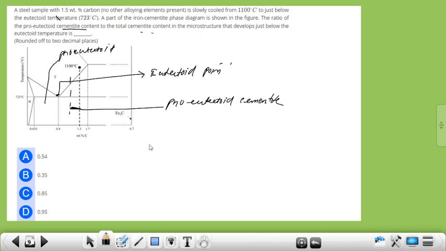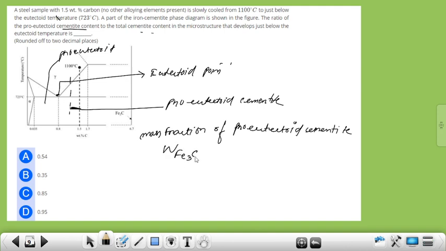So we calculate the mass fraction of proeutectoid cementite, which is equal to mass fraction of Fe3C dash, is equal to this point and this point we have to calculate first.